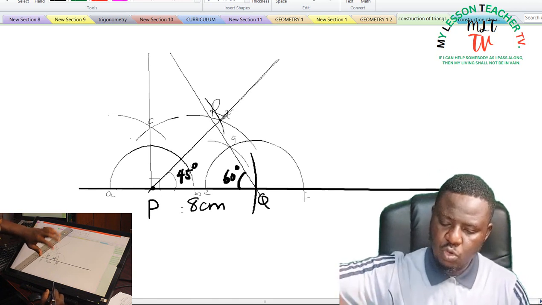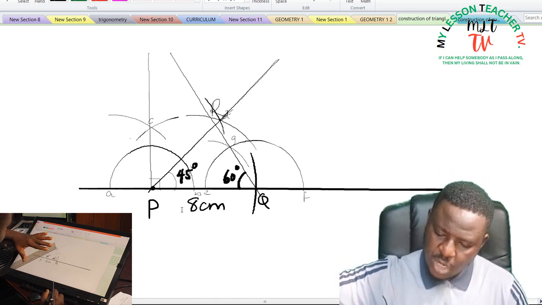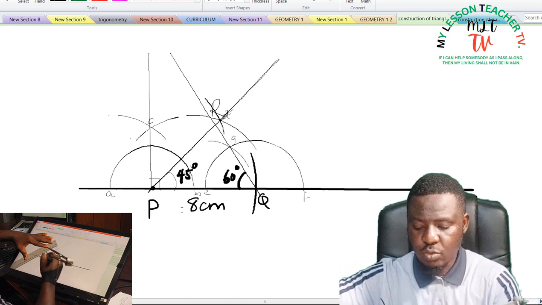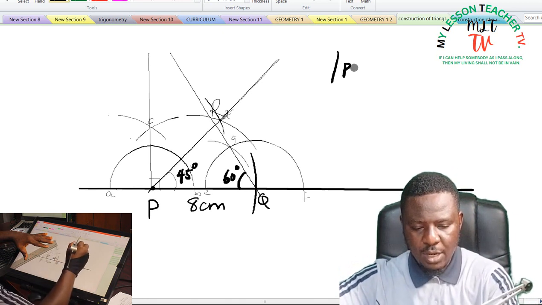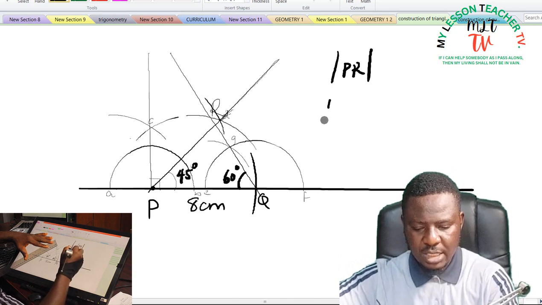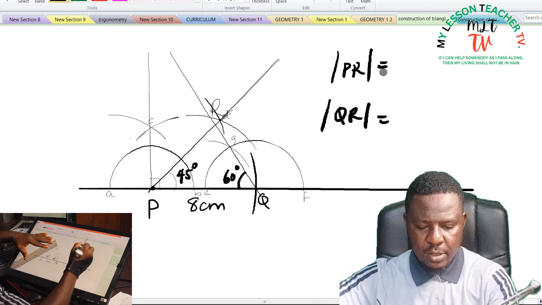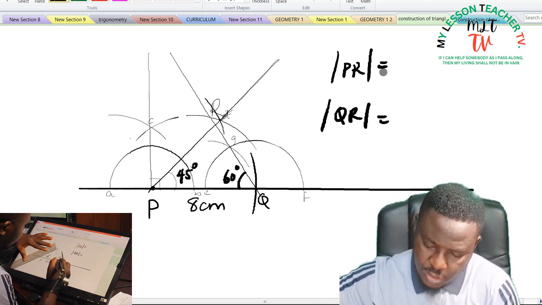But also, for you to be on the safer side, you can also measure. Most times you may be asked to measure line PR. So I will just measure line PR as well as line QR. So when you do this, you can confirm your lines.